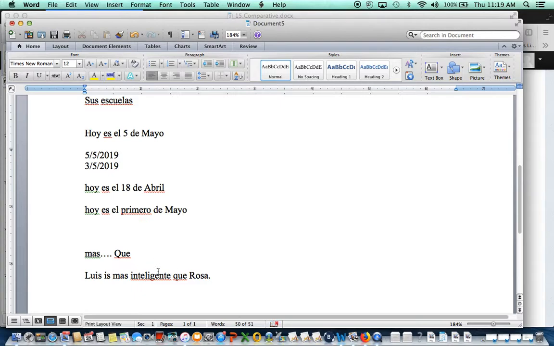And the adjective has to agree in number and gender, but because inteligente doesn't have a gender, as with grande, big, you don't do anything to inteligente unless it's more than one. But in this case, we're talking about singular. We're comparing Luis with Rosa, so it's singular. So you don't do anything to inteligente. So Luis is más inteligente que Rosa.